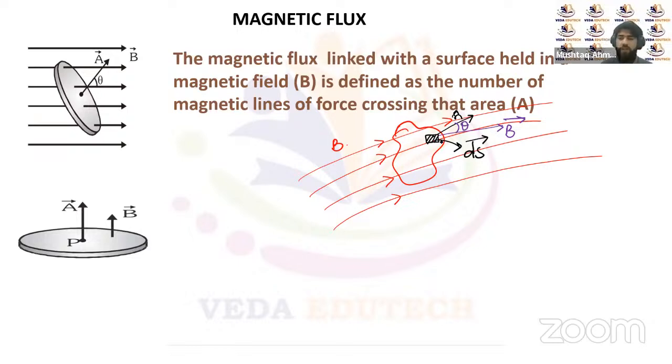Then the flux through this elemental area will be given by d phi, which is the dot product of the magnetic field vector B with the ds vector.